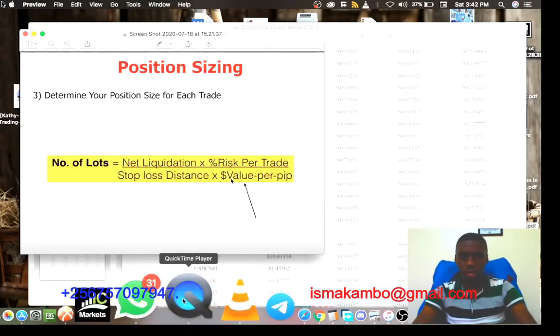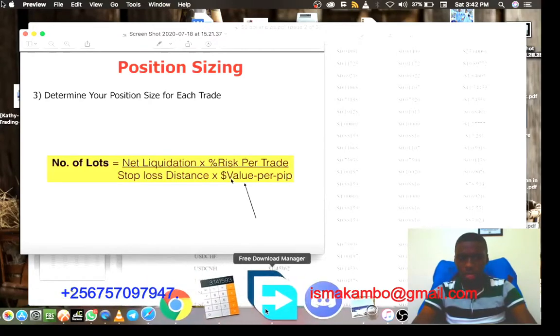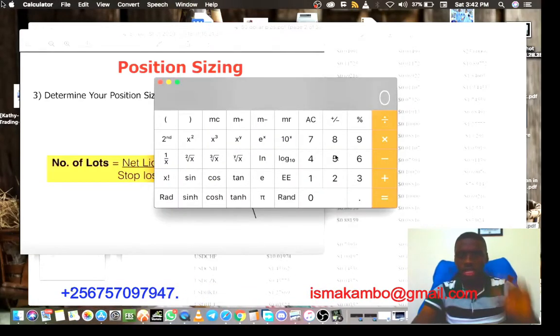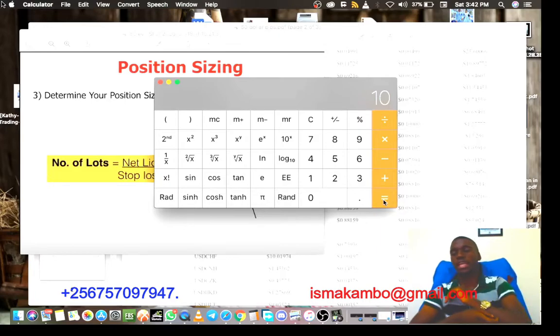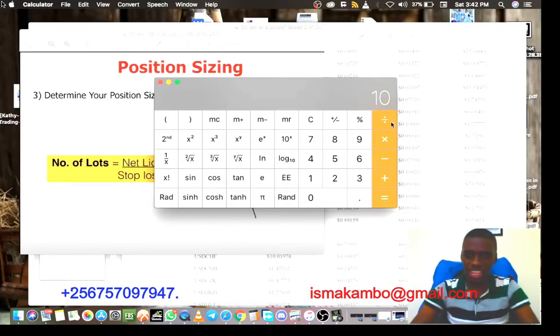We pick our calculator. We say if we have $500 times 0.02, that is the 2% per trade, we get 10. So our 2% that we are risking is going to be 10.